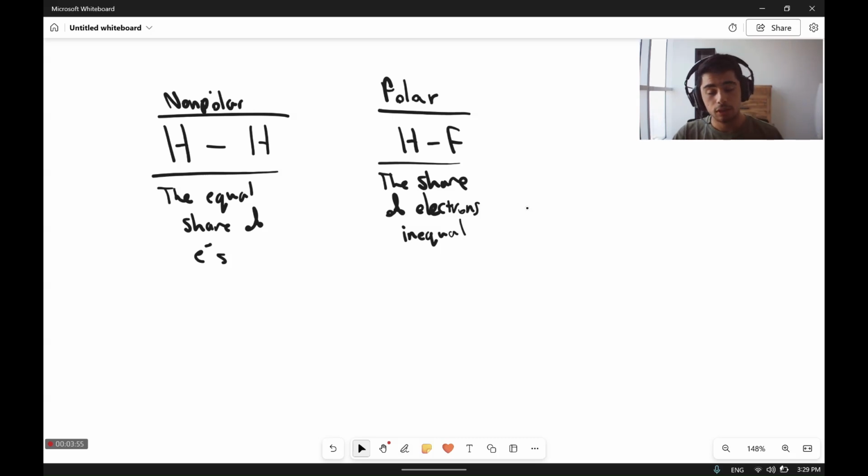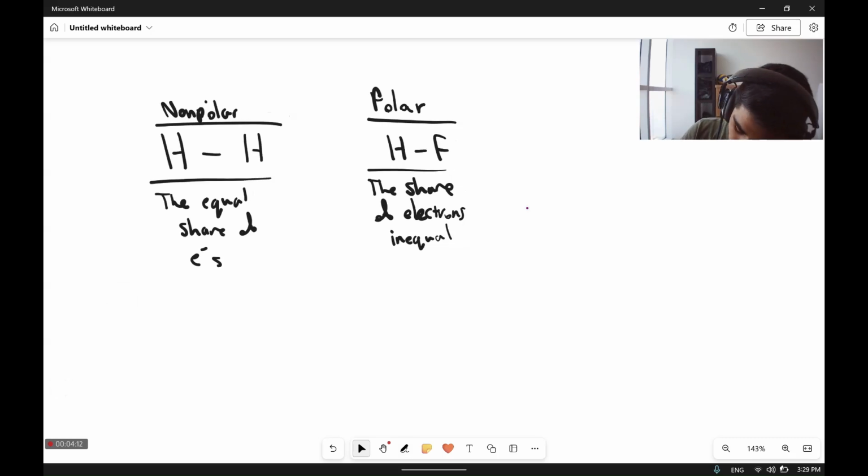What does equal and unequal mean? Well, this is where electronegativity comes in. Since they're the same atom and their electronegativity is the same, the bonding will be nonpolar. Let me explain it this way. This will be 2.1, 2.1. This is their electronegativity value. Electronegativity is basically how much an atom wants the electron, how greedy they are for the electron.